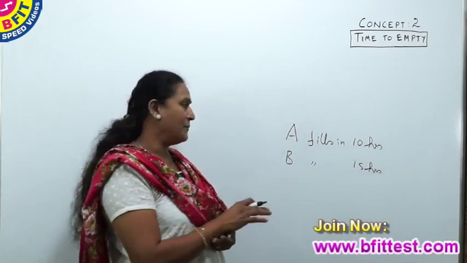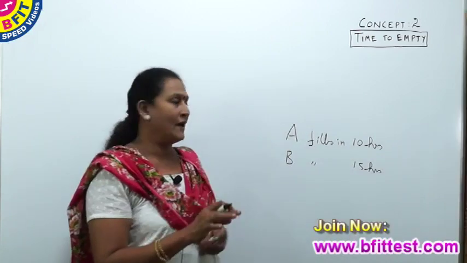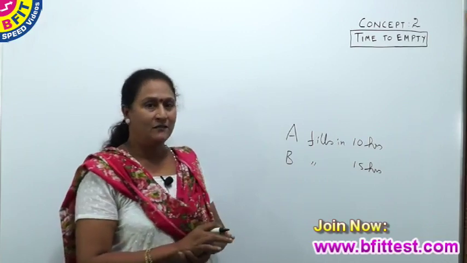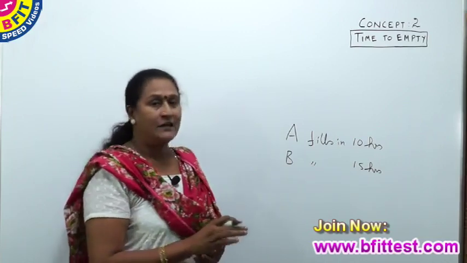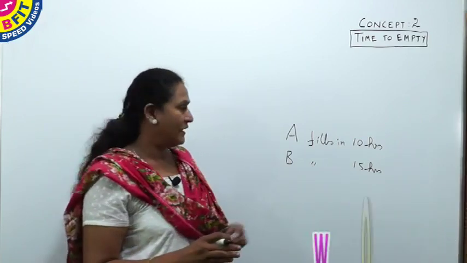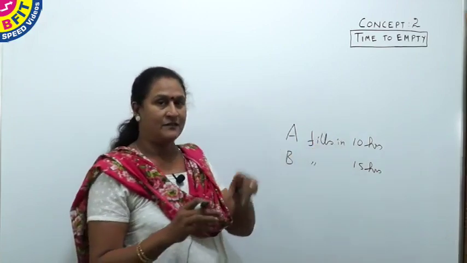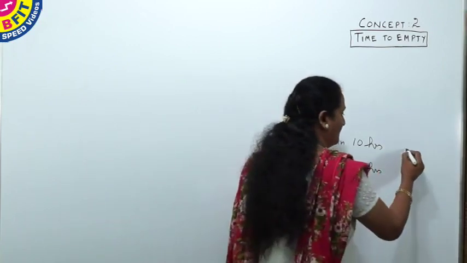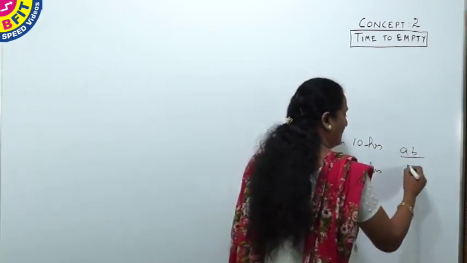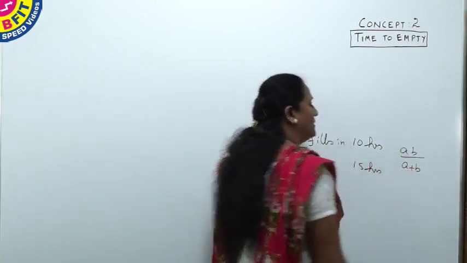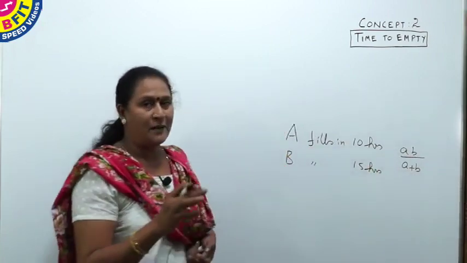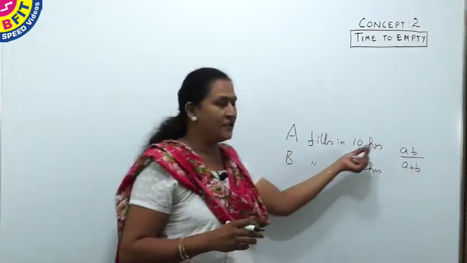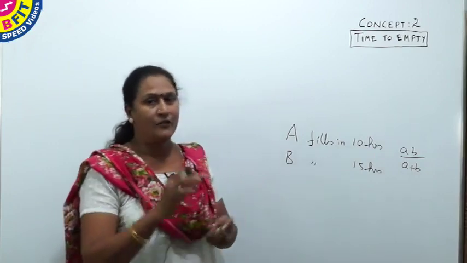Now what will be the time taken by both the pipes to fill the tank when opened together? We saw that earlier. It is AB by A plus B, that is, time taken by A is A and time taken by B is B. So for both filling, just using AB by A plus B, we found the time.